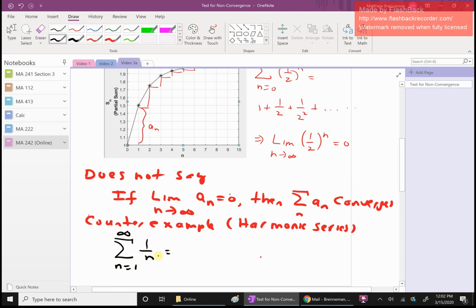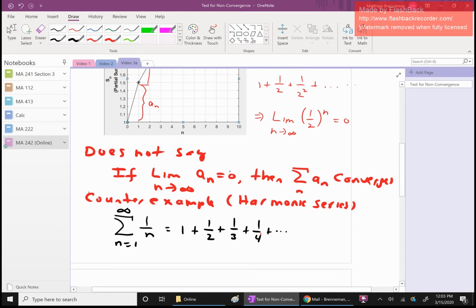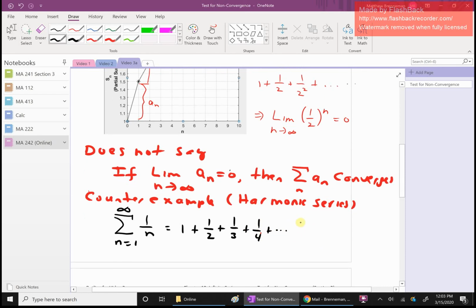So when n is equal to 1, I get 1. When n is equal to 2, I get 1 over 2, and so on. And it's certainly true that the limit of the sequence terms goes to 0. So what we want to note is that the limit goes to 0, but this infinite series does not converge.